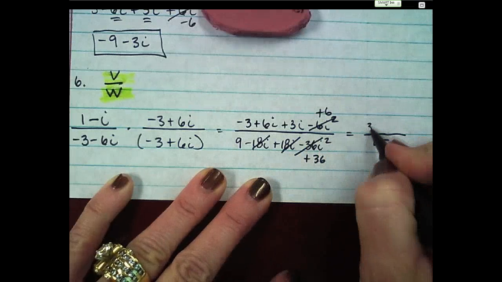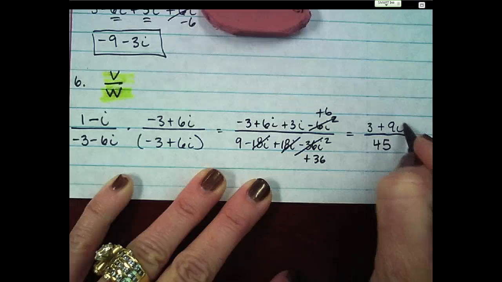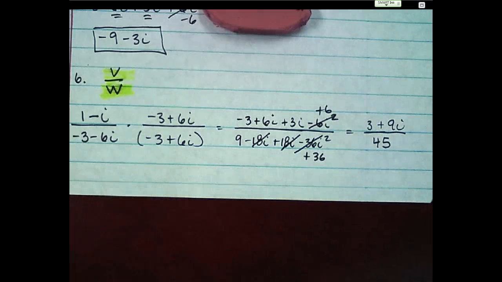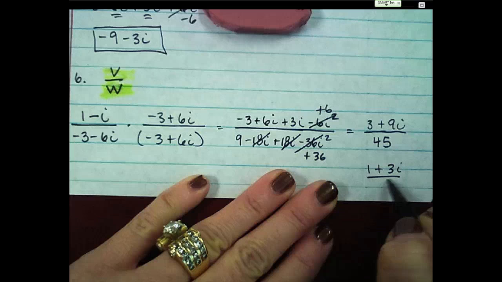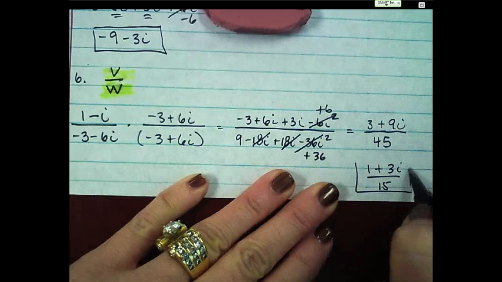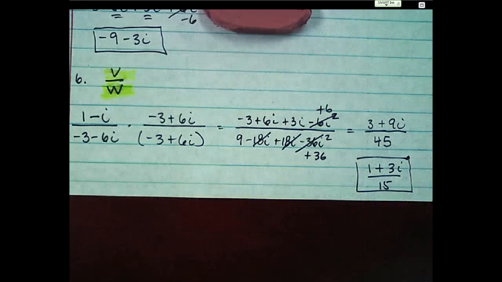So I've got 3 plus 9i. Can that be my final answer? Anybody know? Can I leave it like that? I can, but I'll lose points. Right, because what fits into a 9, a 3, and a 45? What fits into all of those? A 3. So you end up with 1 plus 3i over 15. Guys, don't leave it. If it can be reduced, reduce it.